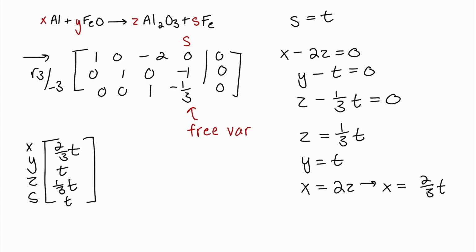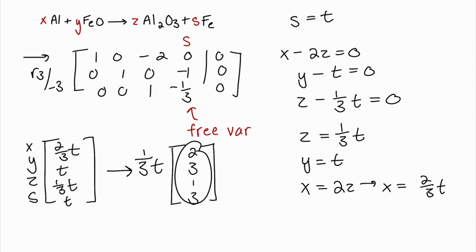That doesn't really make sense. So we can pull out 1/3 t, and what we end up with is 2 x's, 3 y's, 1 z, and 3 s's.